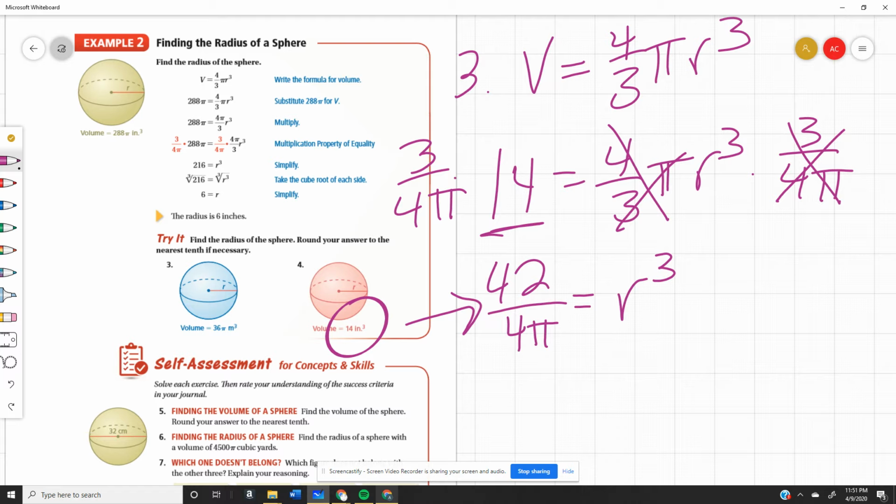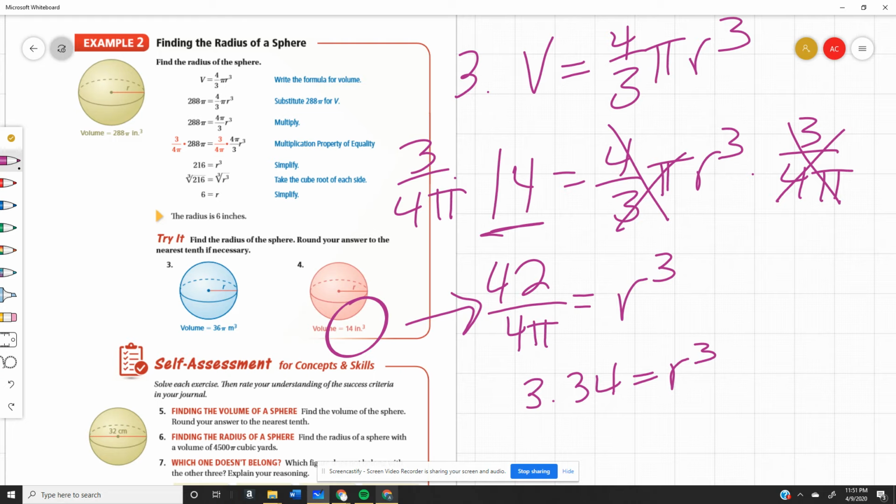So I'm going to do 42 divided by parentheses 4 pi. And I get 3.34, I'm going to leave it as 3.34. And then I have to find the cube root of that.